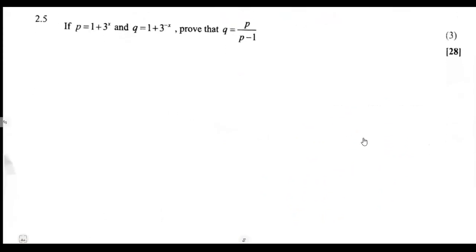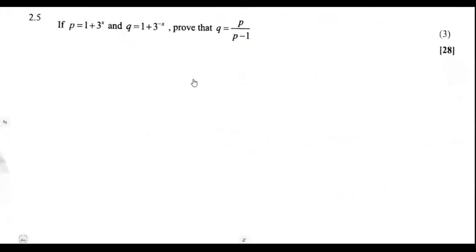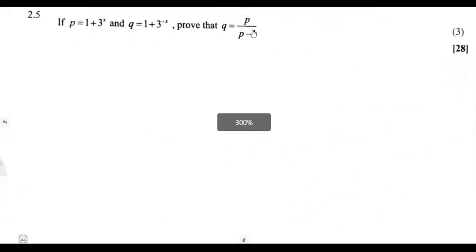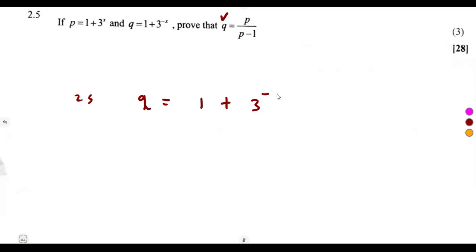On another part, you are given that if P is this and Q is this, therefore prove that Q is equal to this. So as you can see, guys, it's about Q being equal to this. Q is originally 1 plus 3 to the exponent of minus x.